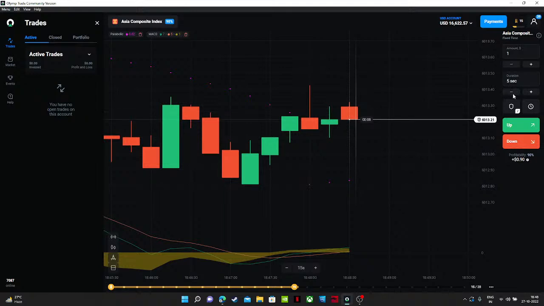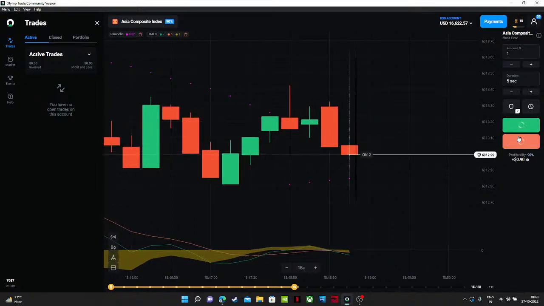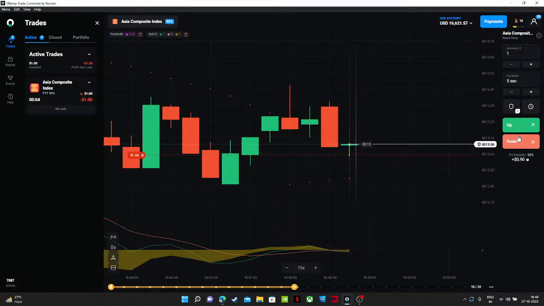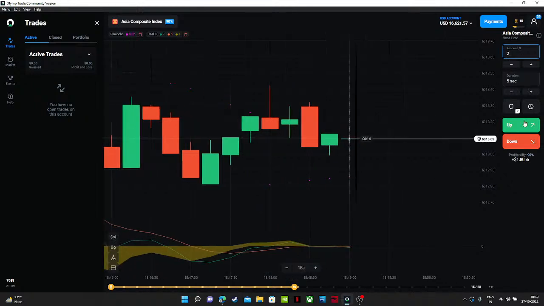Okay, in the initial first second of the candle, the color that the candle is displaying, we can make the trade in that direction. For example, a downside trade here. Now we will always start with the bare minimum. If we lose this trade, I will increase the amount to $2. Okay, green.